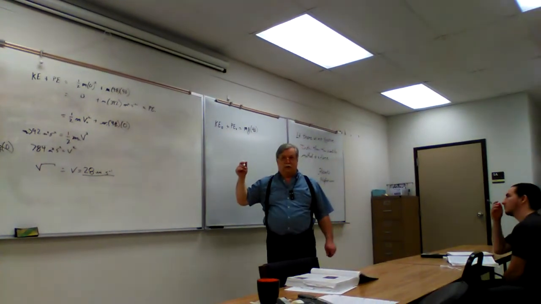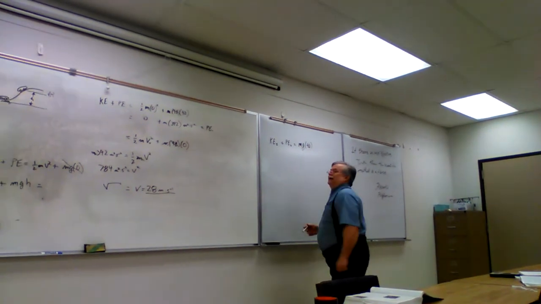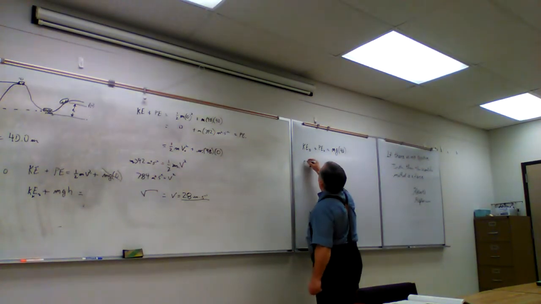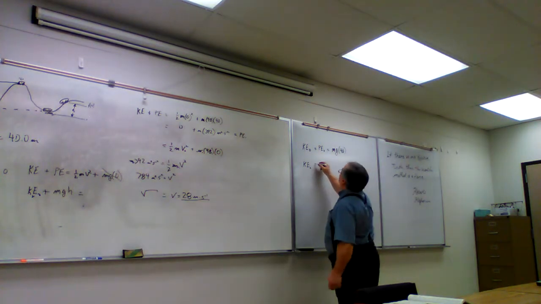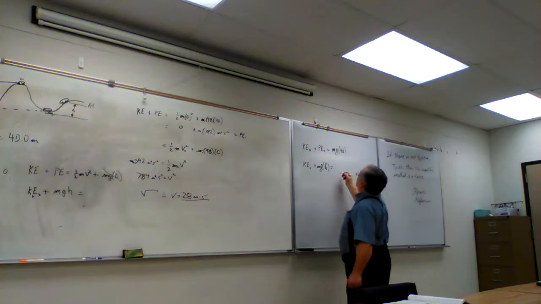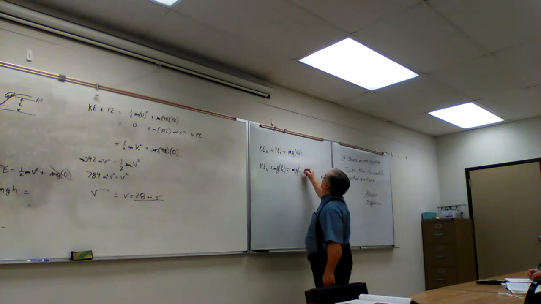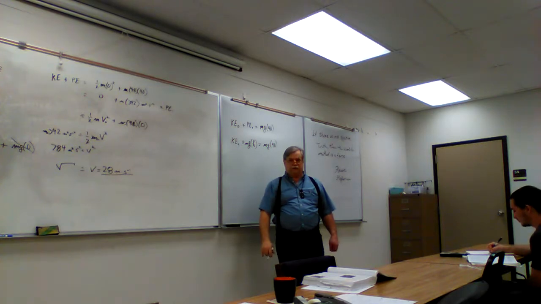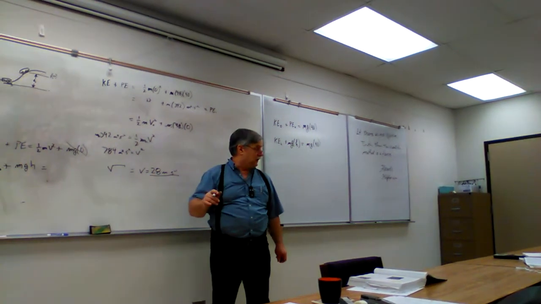That is still the total amount of energy in the system at all times. That means when it gets back up to h, its kinetic energy at height h, plus mass times gravity at that unknown height, must still be equal to mass times gravity at 40 meters. Does everyone see this? You see where I got ahead of myself? Say again?